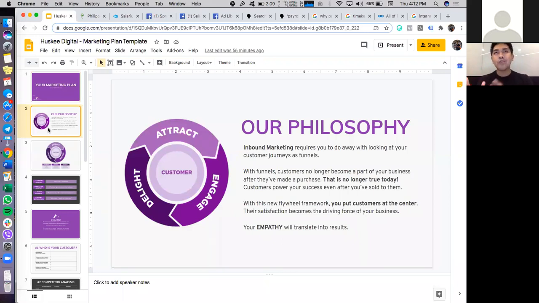We want to move away from looking at our customer journeys as a funnel. Because with funnels, the mindset is after the customer becomes a customer and they pay you, that's it, right? They no longer become part of your business after they made the purchase, which is the wrong way to look at it. Customers power your success even after you've sold to them.